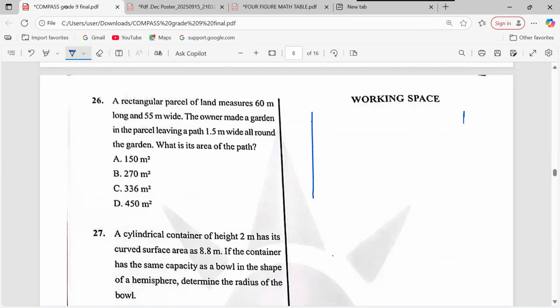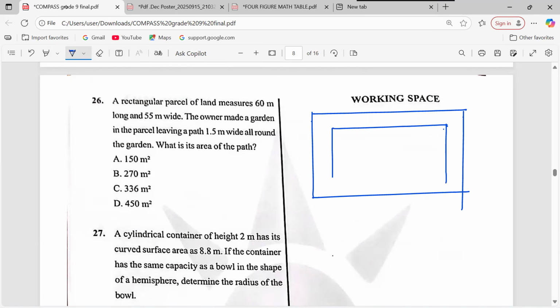We have a garden here, rectangular. Then now there is a path here, leaving a path. So what is the area of this path?